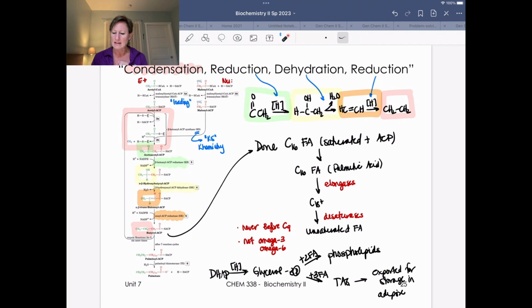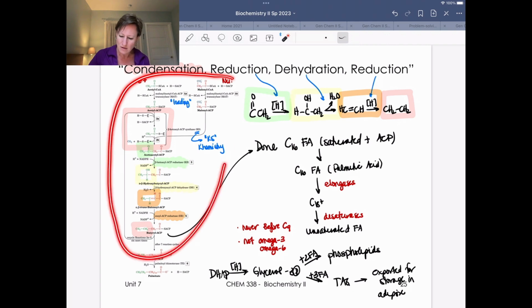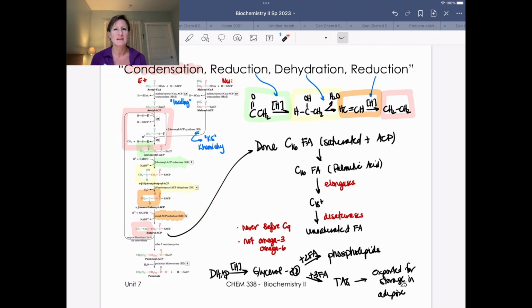What we're focusing on in this video is basically just the chemistry that happens here, understanding how fatty acid synthase does this.